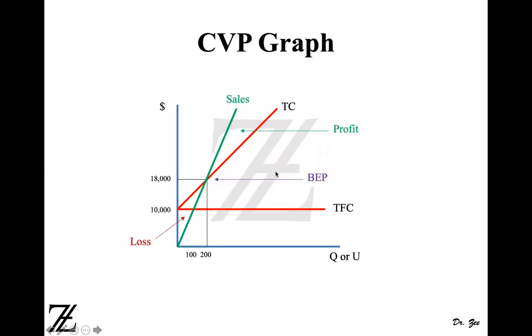So here is the CVP graph revision. $18,000 is the break-even point dollar amount. You have to sell $18,000 worth of goods in order to reach the break-even point, and the quantity is on the x-axis. It shows here that you have to sell 200 units in order to reach the break-even point. So that is our break-even point.